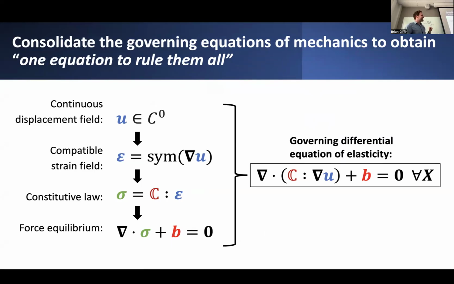In this case, it's the expression on the right-hand side. The governing differential equation of elasticity can be expressed by substituting these different fields into each of these subsequent expressions. Replace the strain with the symmetric part of the displacement gradient, and replace strain in terms of the displacement, to get stress in terms of the displacement field only.